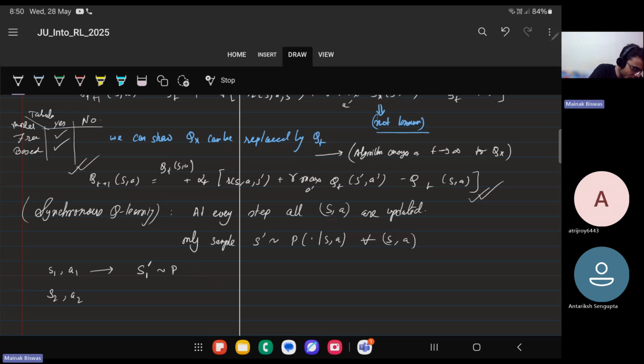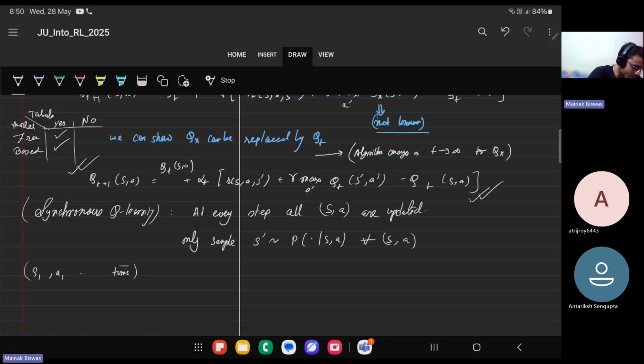I'll not introduce this problem. So we have been using s1, a1 as times. These are random variables. So how do I represent states as number 1, 2, 3, 4? Here there are two random variables, right? We have s and we have time. Time is the time points we are updating.